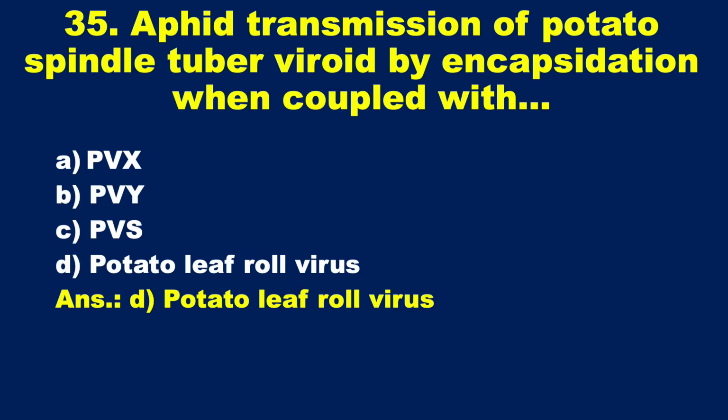So next question is on the aphid transmission of potato spindle tuber viroid by encapsulation when coupled with, there are 4 options. The correct answer is potato leaf roll virus, but not with PVX, PVY and PVS.